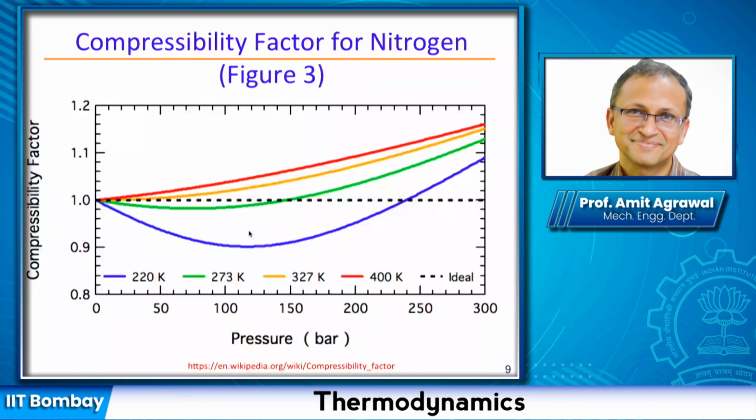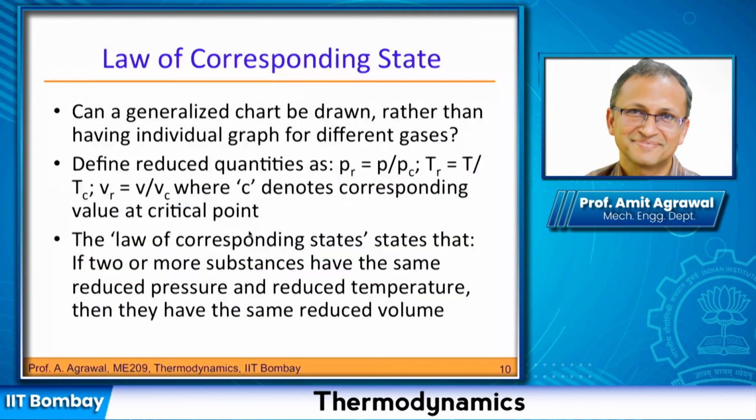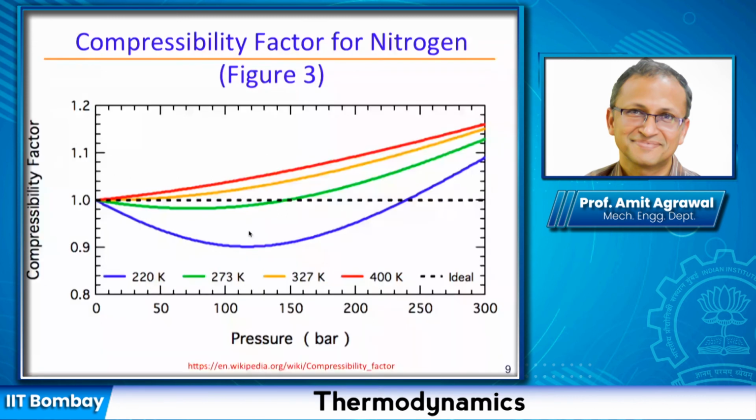So the next question that arises now is an interesting point, and I have seen a lot of people get fascinated by this idea. We said that this is a chart for nitrogen. Now, if you want to plot for CO2 or any other gas, methane for example, how will the charts look?